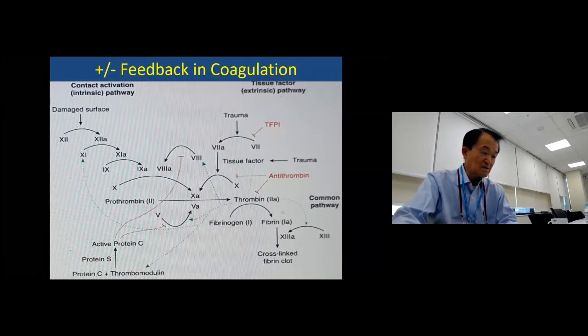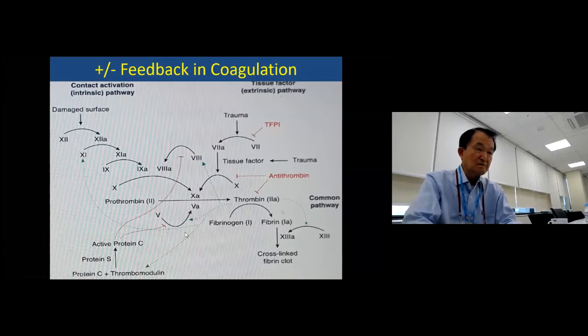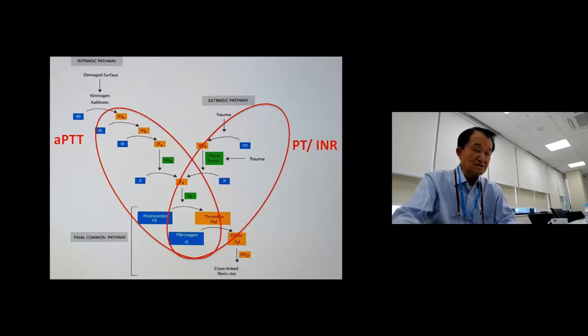So there's a new therapy, protein C plus thrombomodulin, to make a better treatment with less bleeding side effects. As I mentioned, all the extrinsic factors are measured by the prothrombin time or international normal ratio. But the intrinsic or common pathway together, the partial thromboplastin time, we measure clinically.